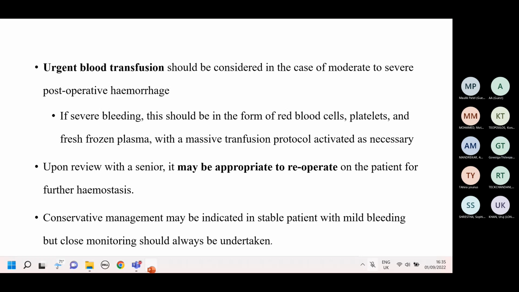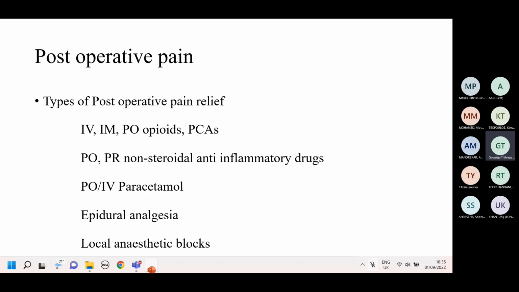Okay. Next slide, please. So this is all about post-operative hemorrhage. I only mentioned the clinical issues. If I missed anything, at the end you can ask me any questions.